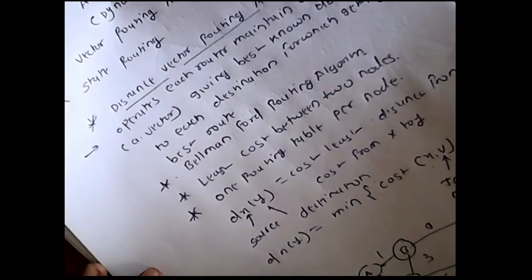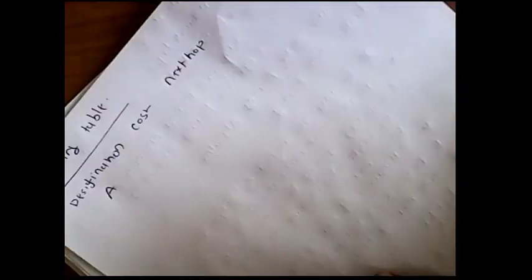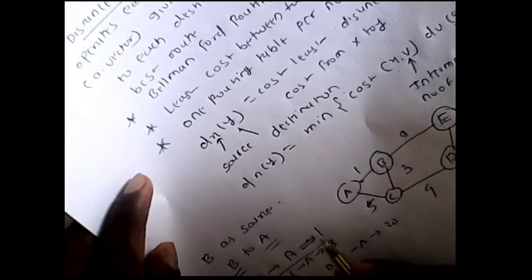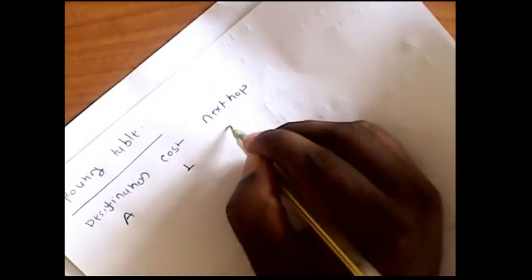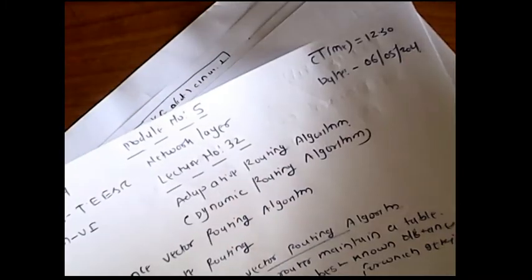In this table, the destination is A, the minimum cost, meaning the metric, is 1, and the next hop is A itself. In a similar manner we consider B as the source and C as the destination.